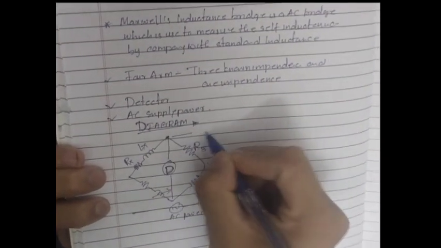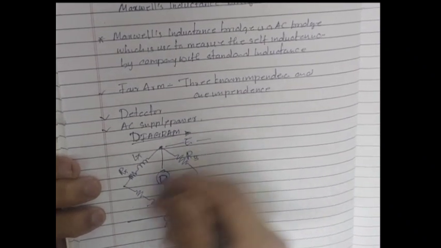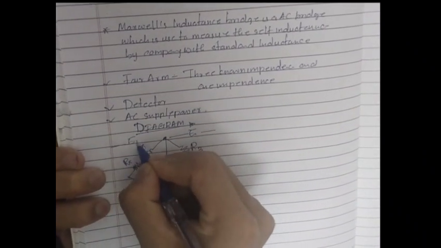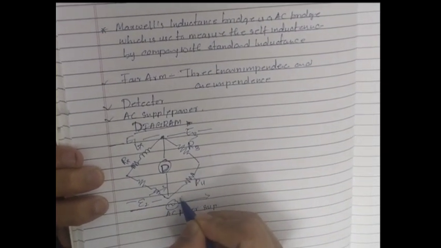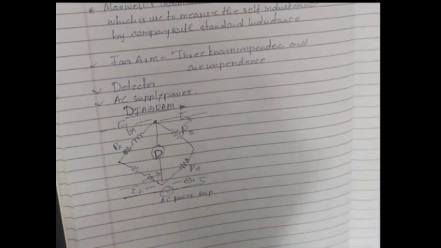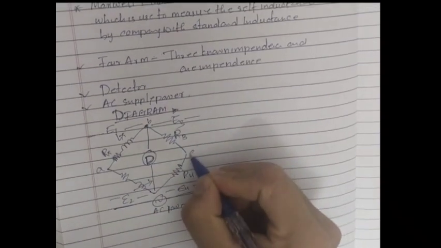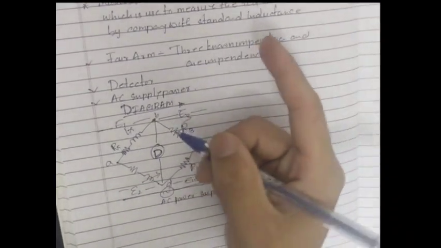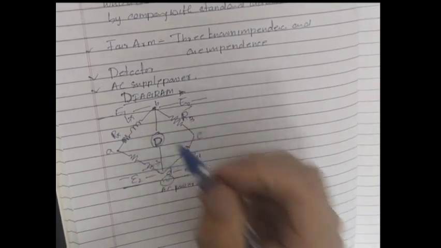Now in each arm there is a voltage. Let us consider E1, E2, E3 and E4. In the Maxwell inductance bridge you can see the impedance in the form of resistance and inductance.